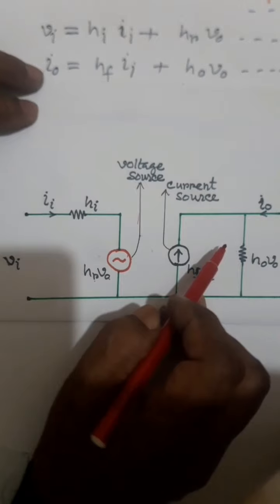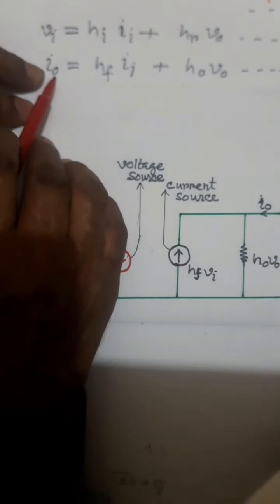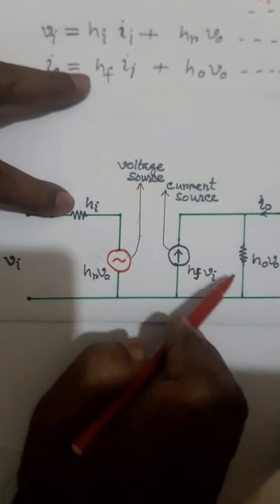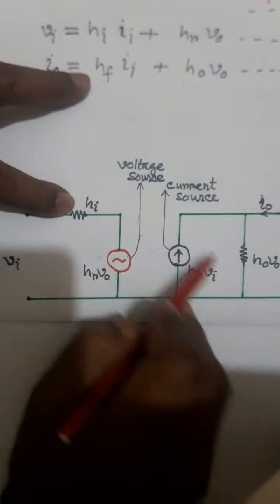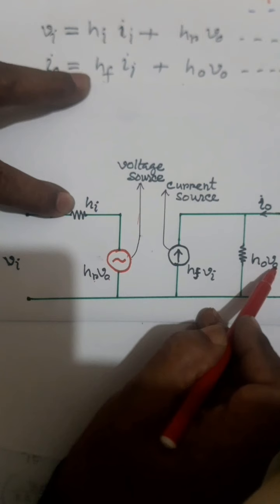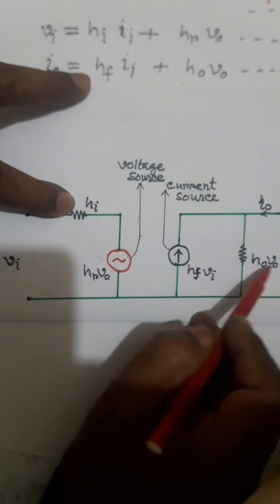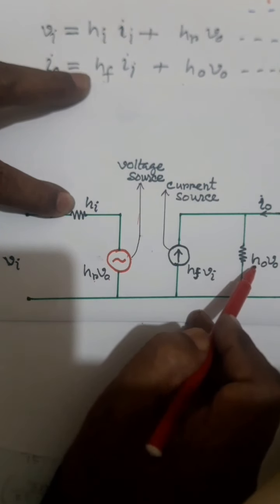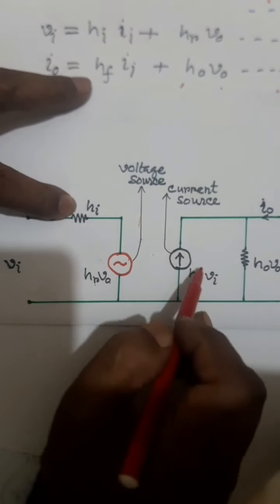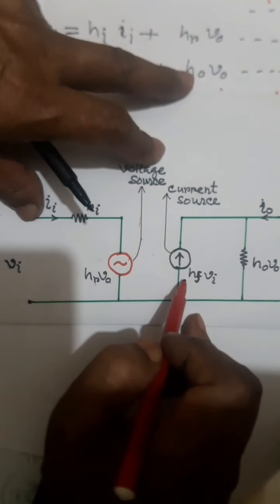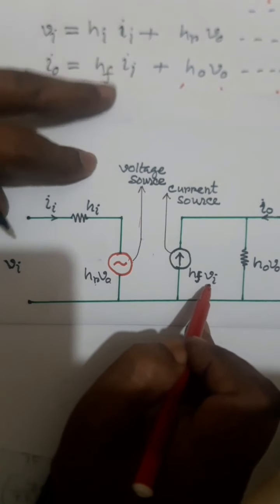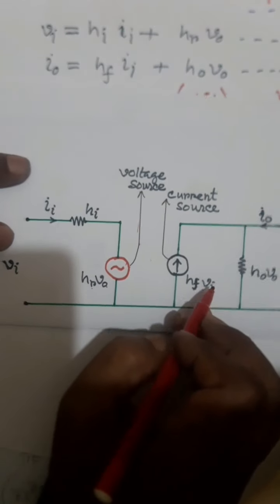Similarly, you see the current equation Io. Current has two parts in two branches, one Ho Vo, that is output voltage times output admittance, and another part of the current is Hf Ii.